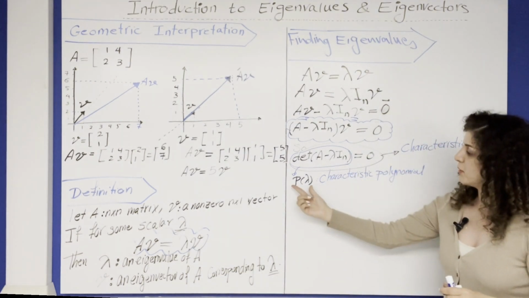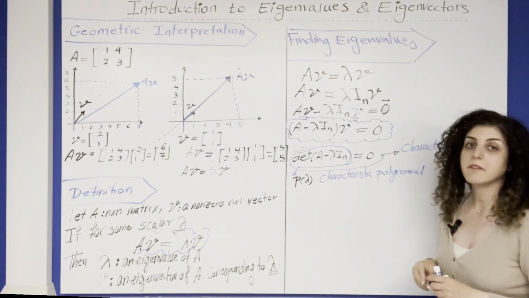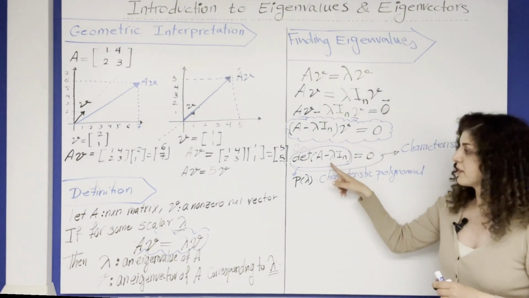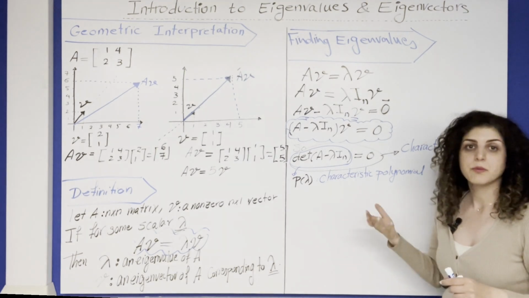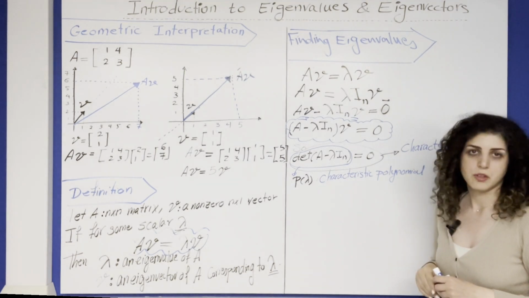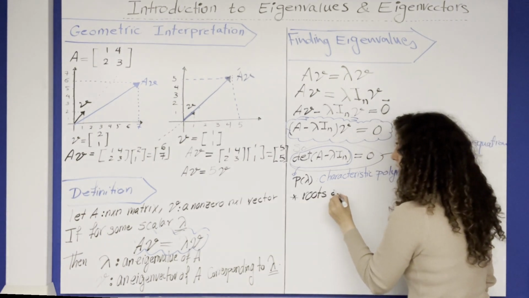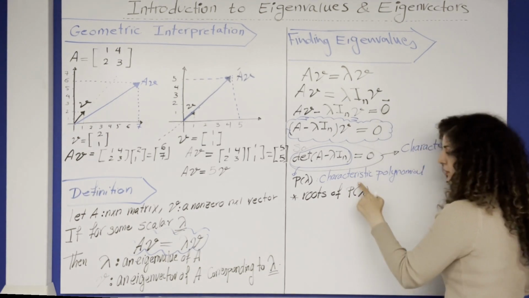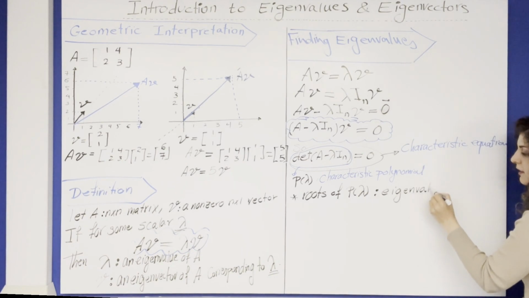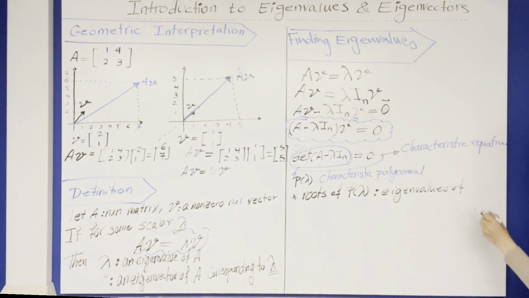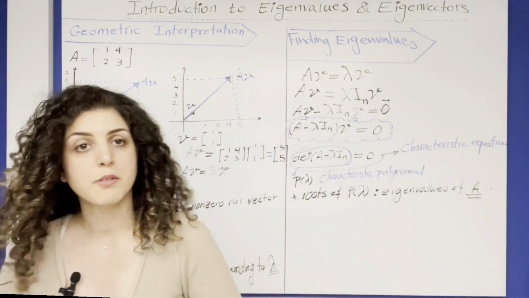If this polynomial is equal to 0, the solutions will give me the eigenvalues, the lambdas, right? So basically, the eigenvalues of a matrix are roots of its characteristic polynomial. So the roots of the characteristic polynomial are the eigenvalues of matrix A.